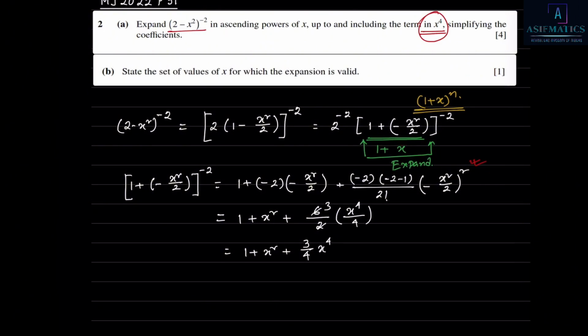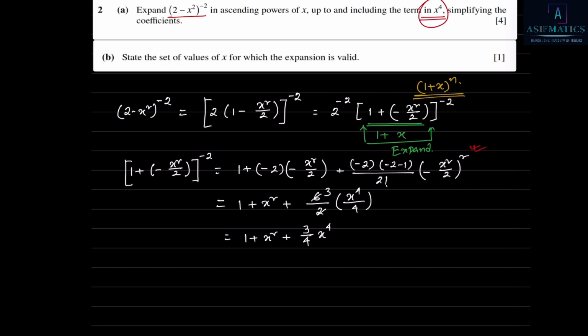Now we can write 2 minus x squared to the power negative 2 equals, look, we have 2 to the power negative 2 here.